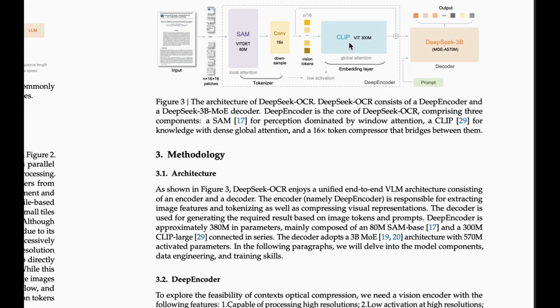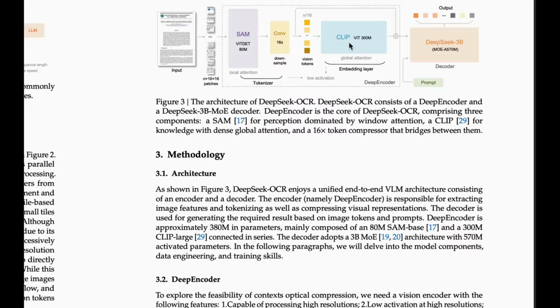Now you might be thinking, what's exactly the brilliance here? If you did global attention on 4,096 tokens, that's around 16 million operations, which is a huge amount of memory. But when you compress to 256 first and perform global attention only on those, it's only around 65,000 operations, about 250 times less.